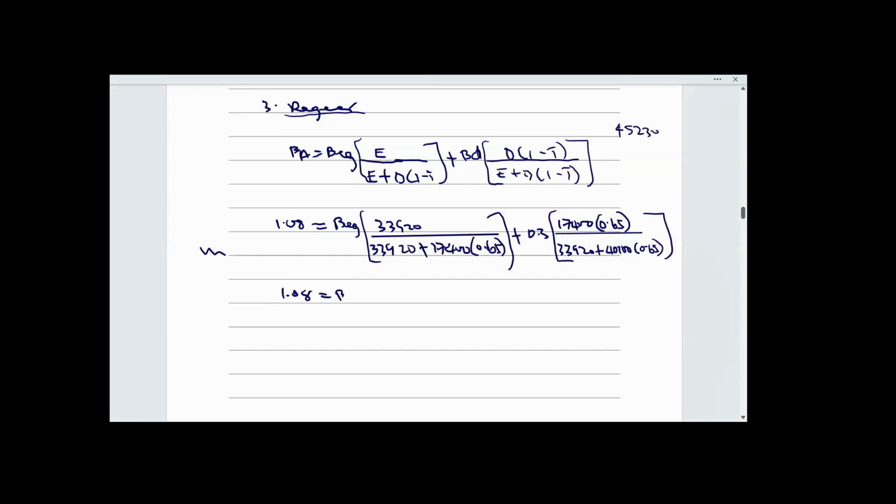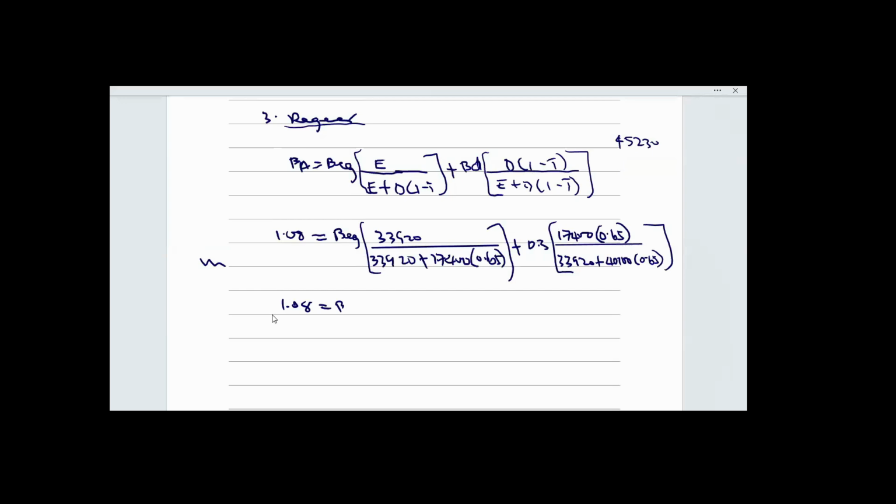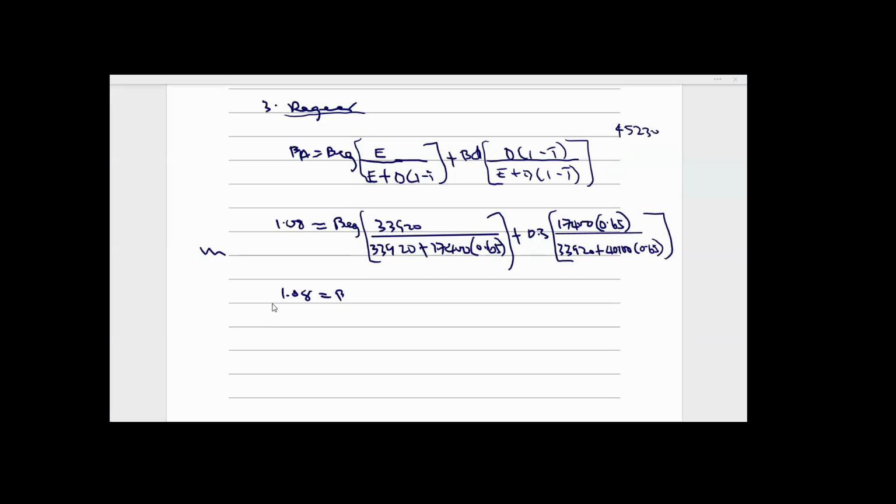Therefore, 33,920 divided by 45,230 equals 0.7499, so that's 0.75.